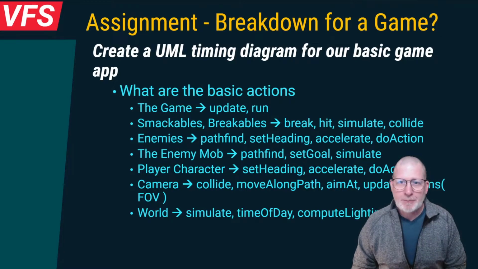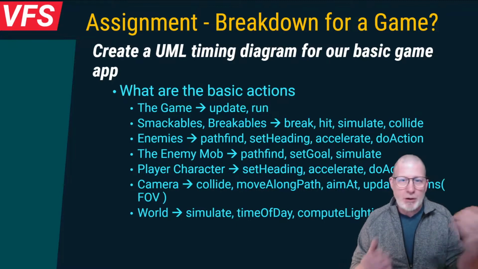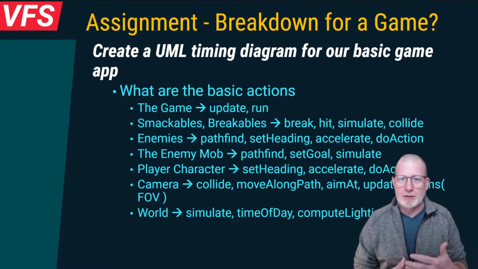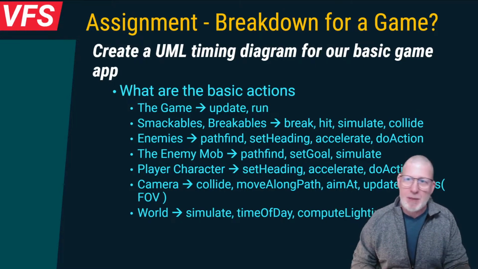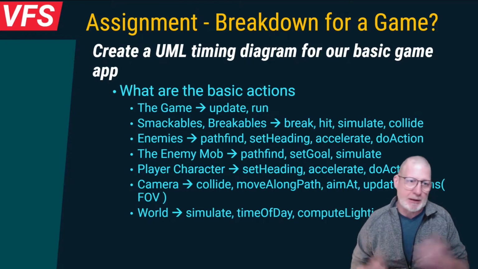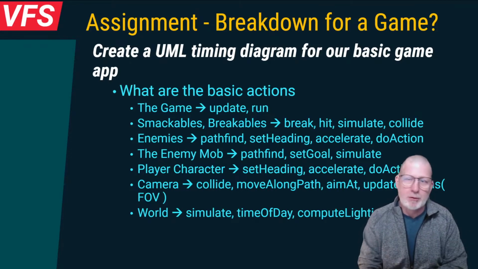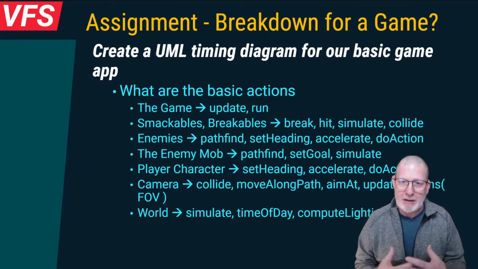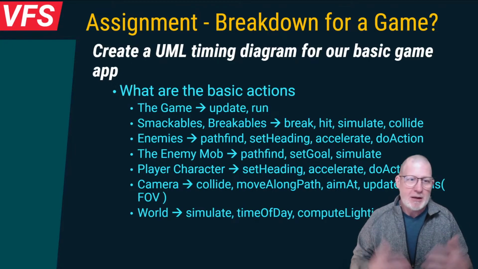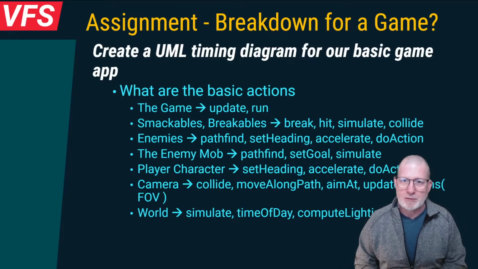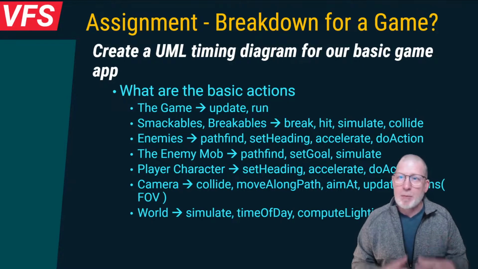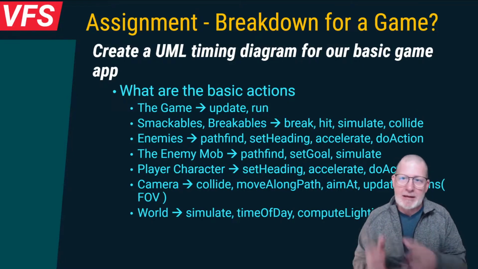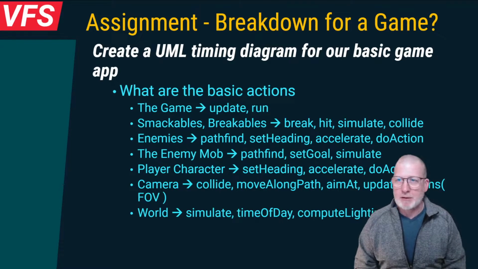The new position? Yep. There's no guarantee that these things are related to each other. You don't have to make sure that the enemy has something that hits a smackable that does a simulation and a collide. Those have no requirement for them to be together. What I'm looking for is the diagramming notation. So we've got some methods that can be applied to each of our specific actors.